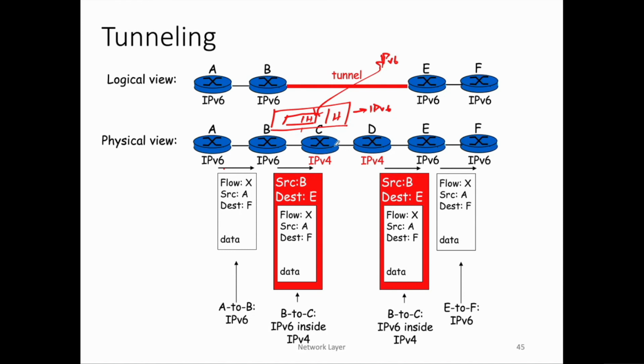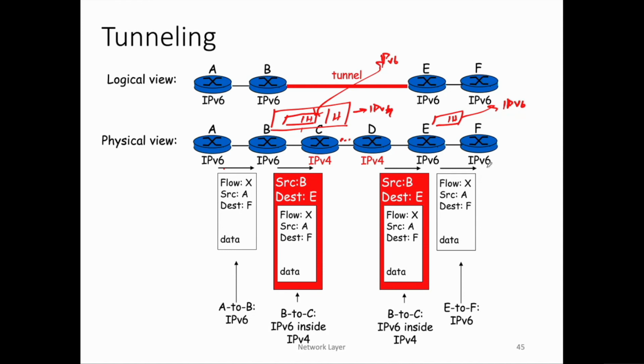So all the routers, which represent the core network, will deal with this IP version 4 data packet. When it reaches the IP version 6 enabled router, it will extract the IP version 6 data packet and forward it to the next IP version 6 enabled router.